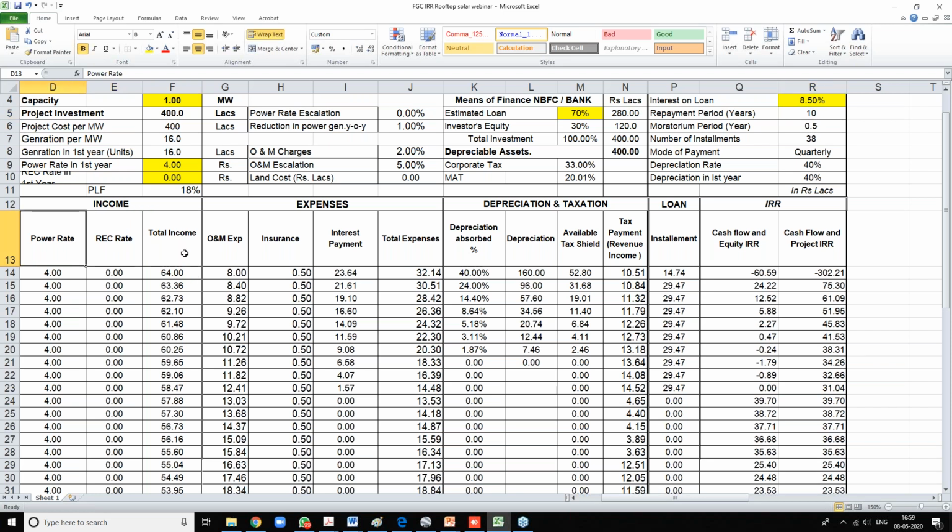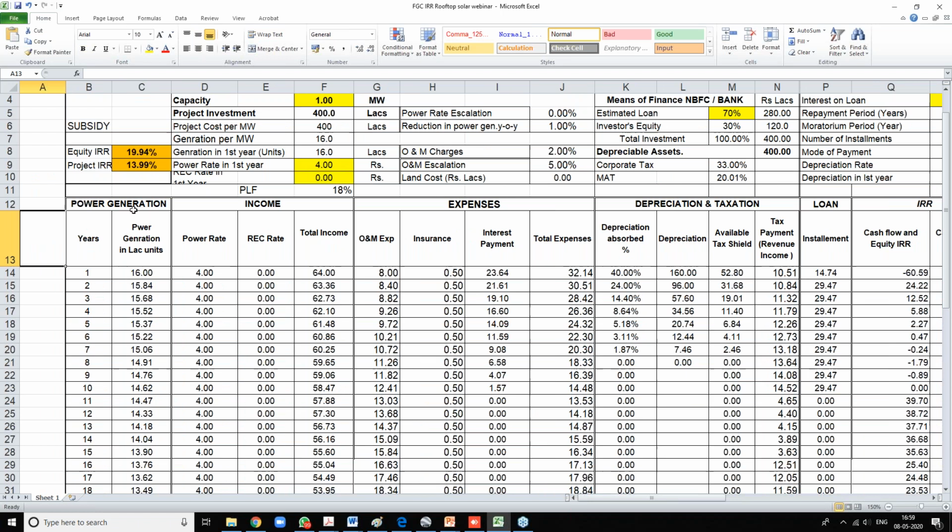So I have changed it; let us say that you are taking a loan from SBI, the project becomes profitable and your IRR is about 19.94, about 20%, with a project cost of 4 crore per megawatt and a tariff of 4 rupees. So these are the boundary lines which affect the profitability of C&I projects.